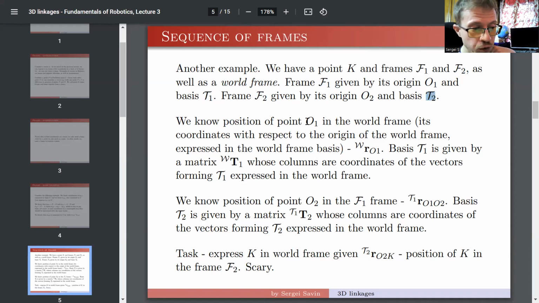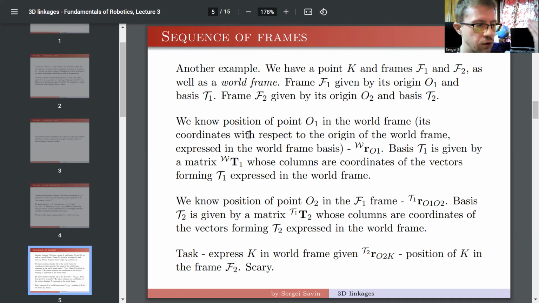We know the position of point O1 in the world frame. What it means is that we know its coordinates with respect to the origin of the world frame, and those coordinates are expressed in the world frame basis. So when I say we know position with respect to a frame, that's what I mean.